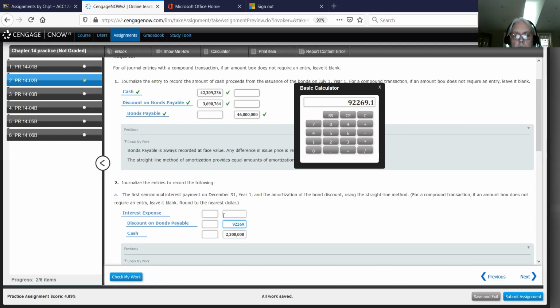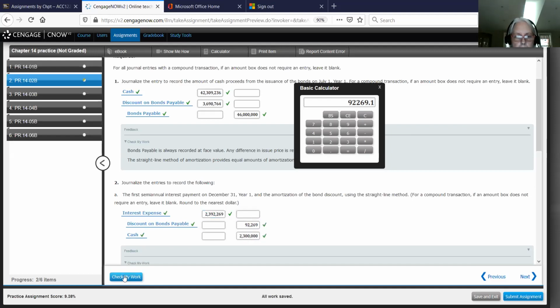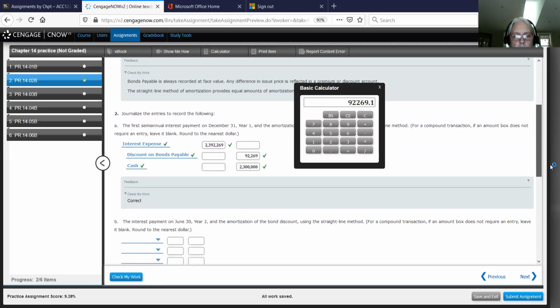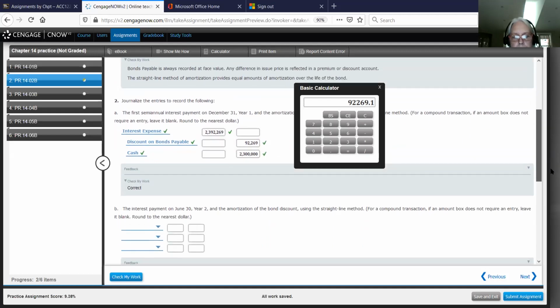The total of both of these together is the debit to my interest expense account. Again, this was recorded on the spreadsheet, so if you need to look back at it, please feel free to do that. Study the spreadsheet that I give you.